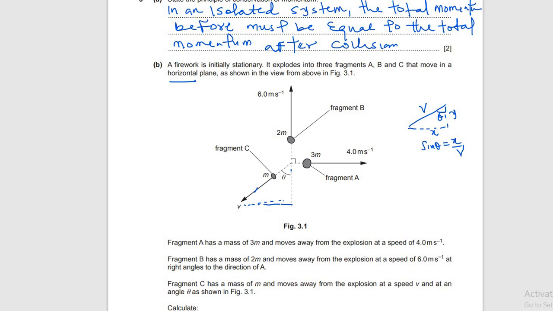So the horizontal direction of fragment C will be V sine theta, and the vertical direction will be V cos theta. You can see this one is going like this. The direction is key. In Cartesian, toward the left is negative, down is also negative. You need to be very careful of the signs.